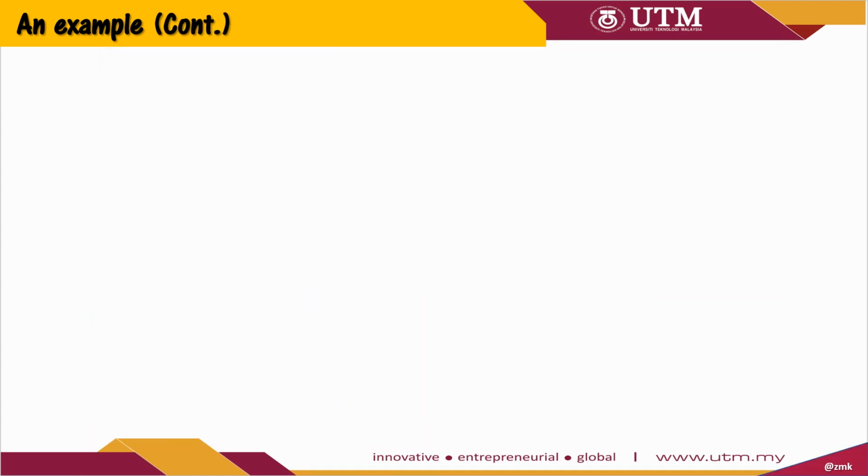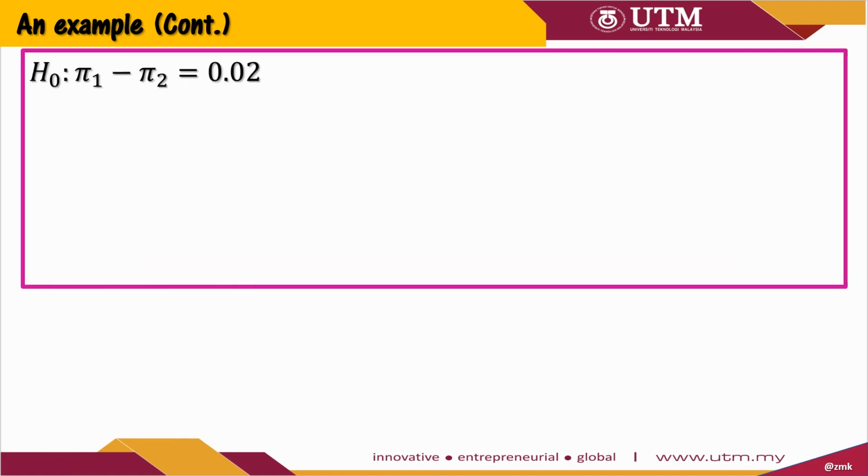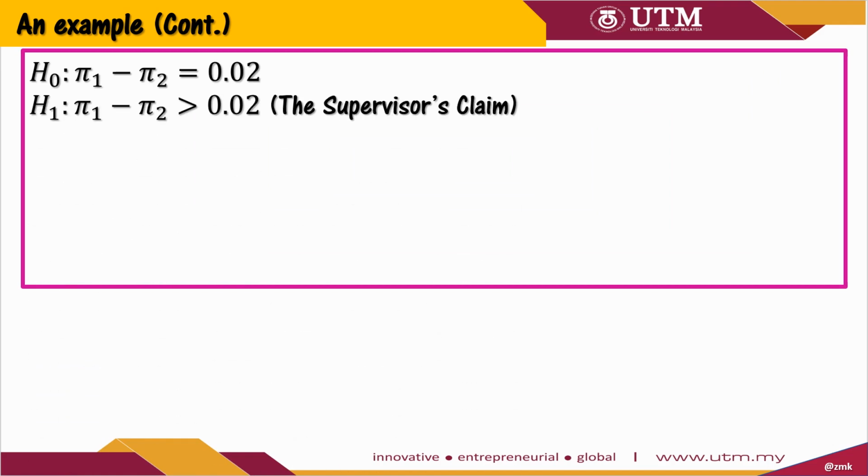From the previous slide, we already knew that in this example we have a right-sided alternative hypothesis. Therefore, under H0 we have pi1 minus pi2 equal to 0.02, and under H1 pi1 minus pi2 is greater than 0.02, which is exactly the supervisor's claim.